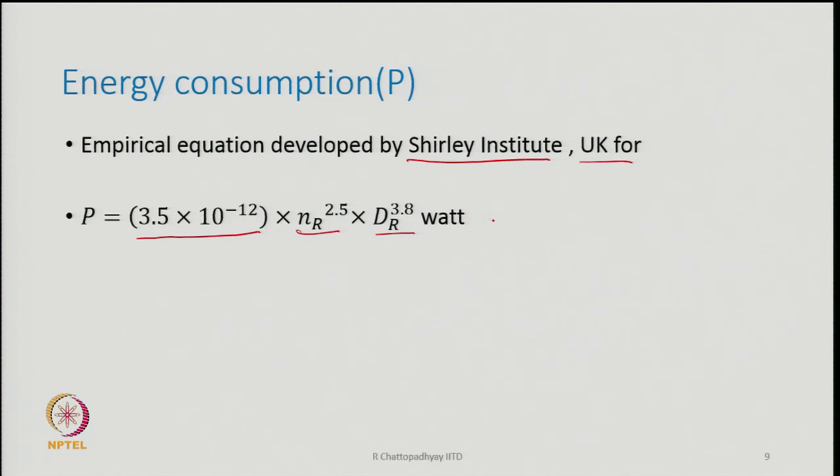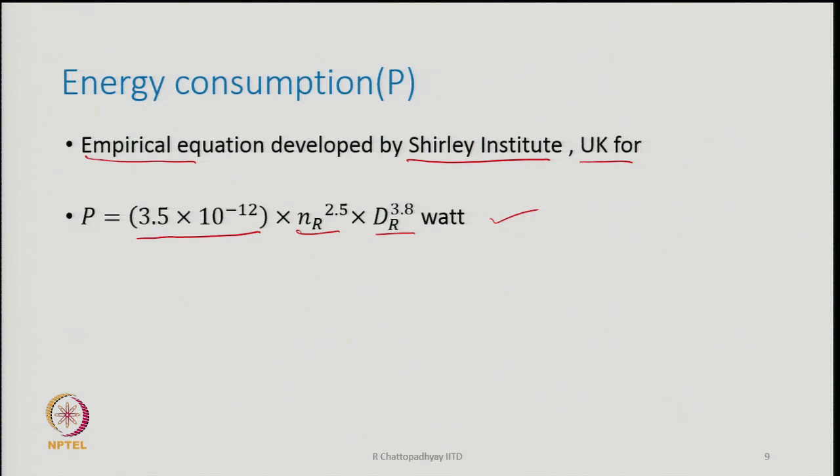This is an empirical equation, and an empirical equation means that it is based on data. By collecting a large number of data, such kinds of regression equations can be found out.